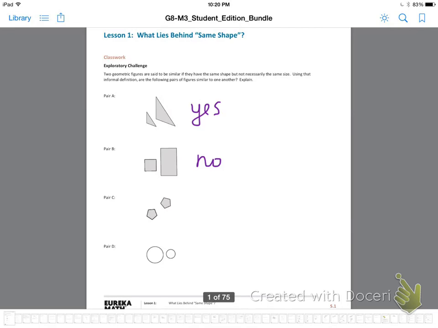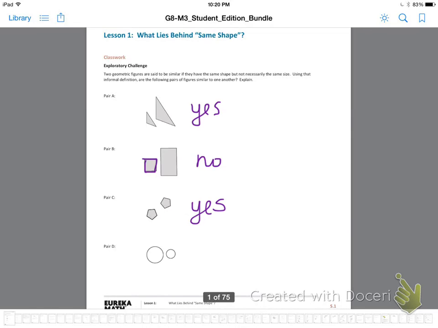One looks like a perfect square, and the other one's a much taller rectangle, so they're not in proportion. For pair C, we thought yes. In fact, not only are they similar, they also look congruent.